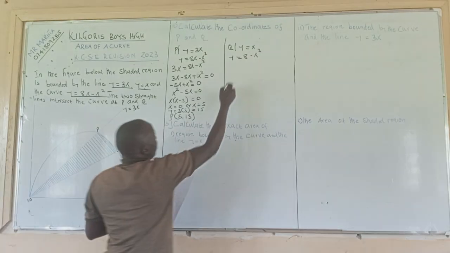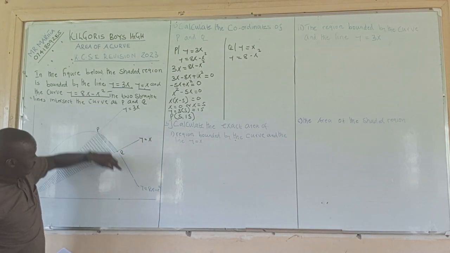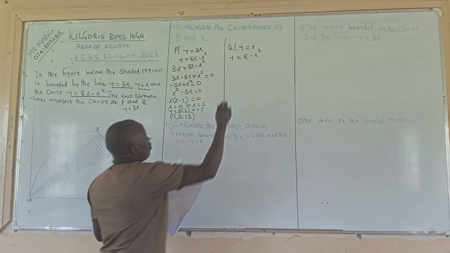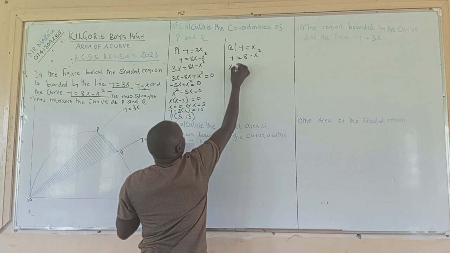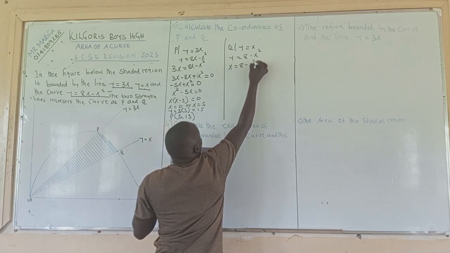At the intersecting point, the equation of the curve and the equation of the line are equal. So we have x = 8x minus x squared.